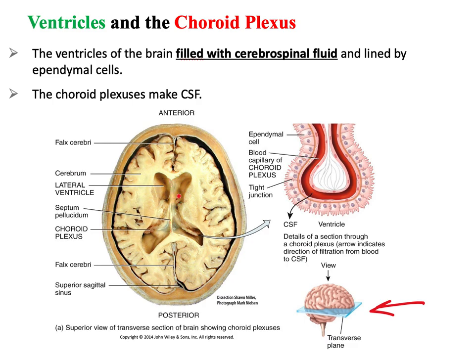But there is an opening here, you see? This is the interventricular foramen. So the CSF, cerebrospinal fluid, is produced here. You see these kinds of things here? Capillaries. These capillaries are called choroid plexuses.